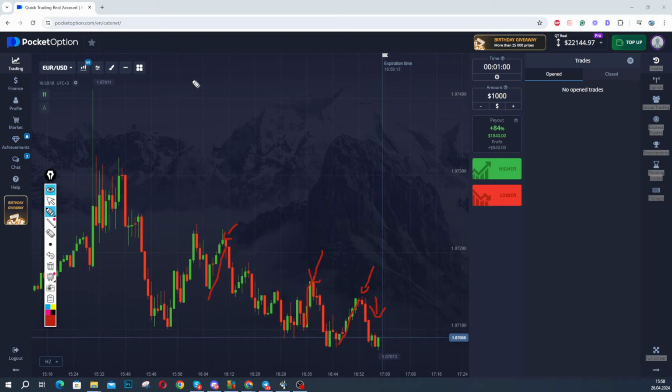These are the 3 simple steps to rob your binary options broker. Apply it, do it, repeat it, and you make the profit out of it. So in summary, I didn't use any fancy technique here. I used the basic thing.